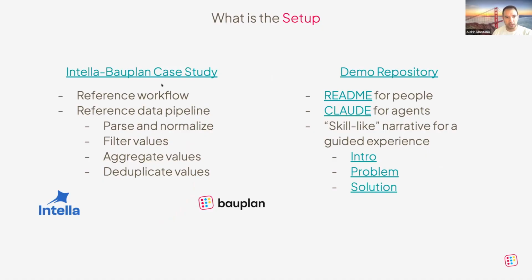On the left here, I highlight a case study between Intella and Bauplan. The reason for highlighting this case study is that it's going to serve as the reference workflow and reference data pipeline for what we're going to build in the repository for the demo.